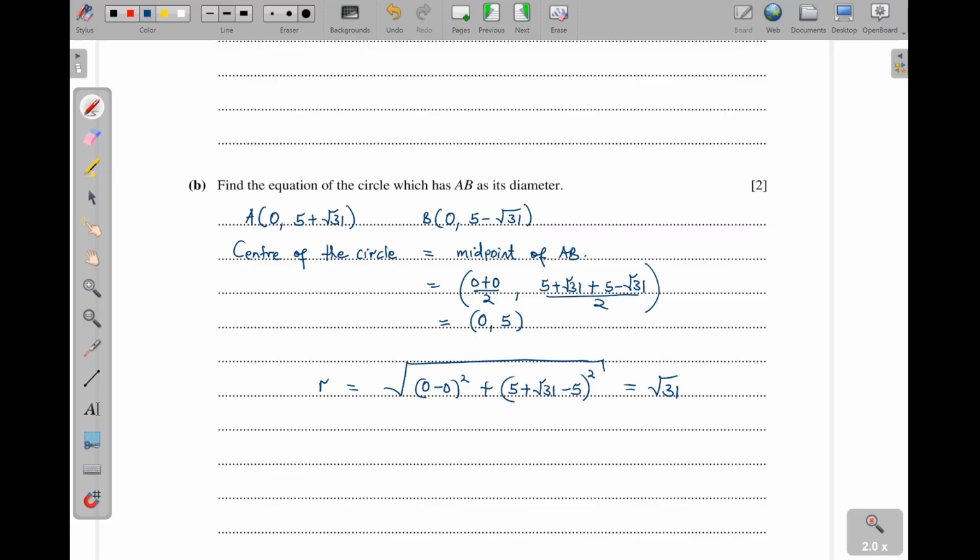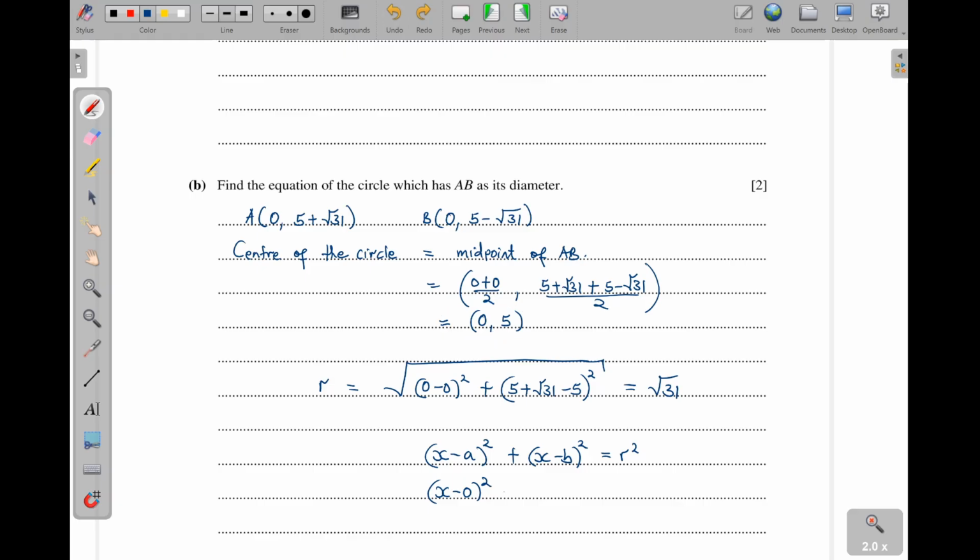Then from there, since the equation of the circle is (x minus a) squared plus (y minus b) squared equals r squared, by substituting here, where (a, b) is the center of that circle, our a is 0 and the b is this 5.